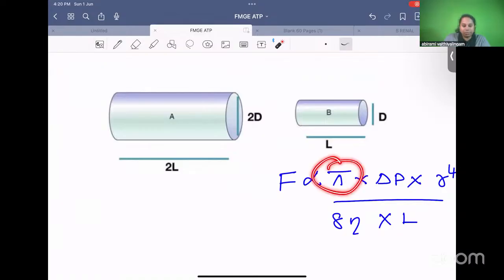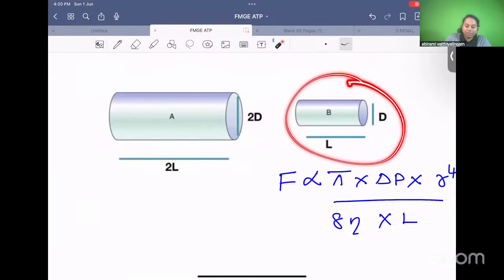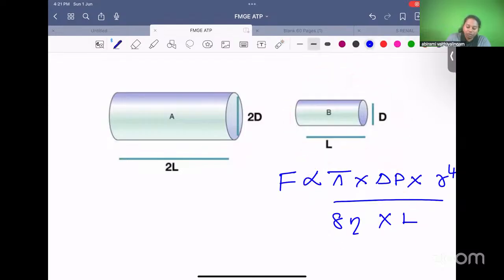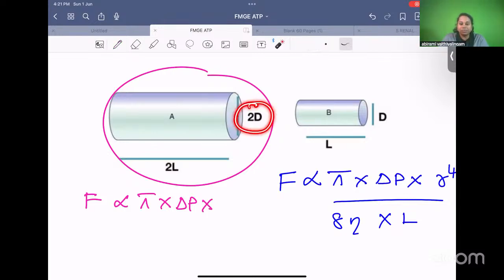Flow is directly proportional to pi into delta P into R to the power of 4 divided by 8 times viscosity into length. So for the smaller blood vessel, this is the flow. For the bigger blood vessel, what is the flow? Flow is directly proportional to pi into delta P into R, where diameter has become twice.